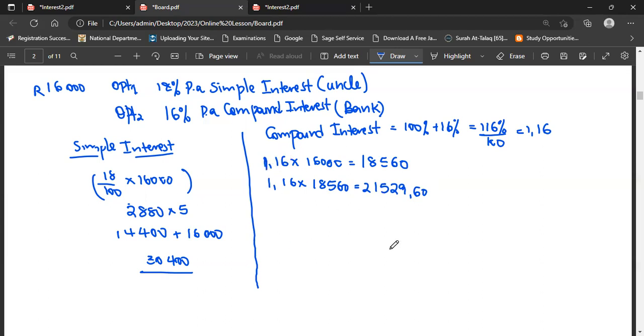The loan will be paid back in 5 years. Okay, come again. 1.16 times 24,974.34 equals to 28,000.